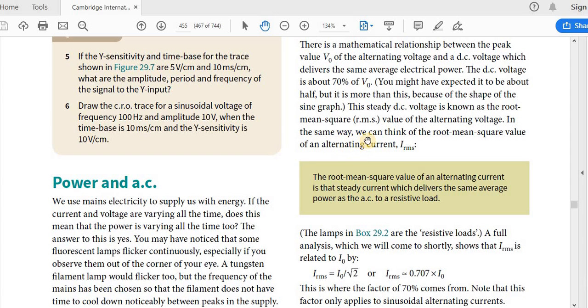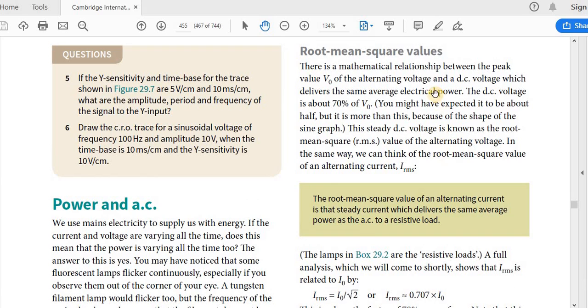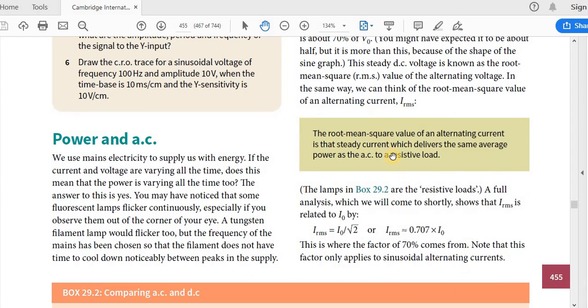In the same way, we can think of the root mean square value of an alternating current. So we have it for voltage and also we have it for current. Okay, root mean square value of an alternating current, r.m.s. Again, the definition is very important.